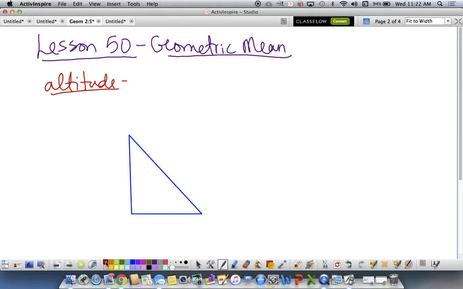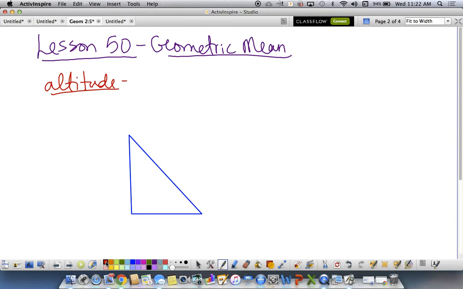Because if you don't know what that means, you really are kind of stuck knowing what this theorem means. Is it the height of a triangle? Altitude is the height. Planes fly at a certain altitude. But in a triangle, it's the height. Okay?